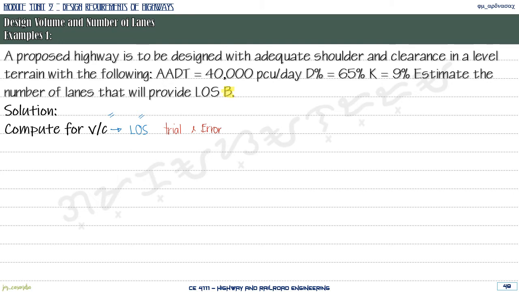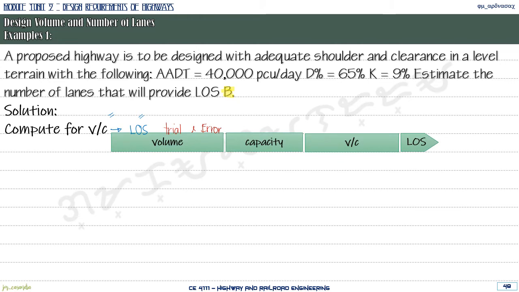So what we will do is to start off first with the smallest number of lane. So for our computation, we will need now our volume capacity from which we'll be computing the ratio. And from that ratio, we'll arrive at the equivalent LOS. So for our smallest number of lane, we have a 2-lane, 2-way highway.